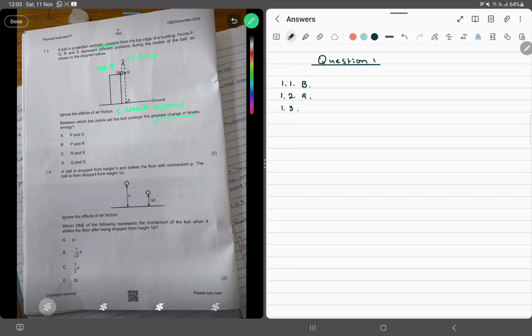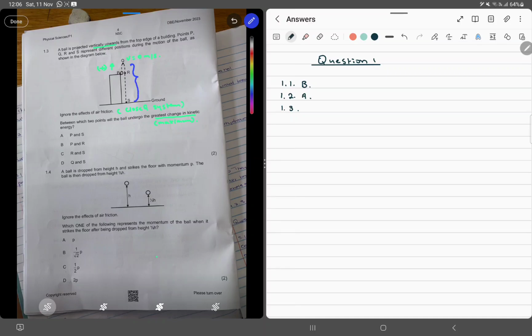Now, greatest means maximum. As you know from maths, when you say the greatest distance, we're talking about maximum. So when will we get the maximum change in kinetic energy? Okay, so Kmax is going to be where? We will see that essentially this should be from the top to the bottom, right?